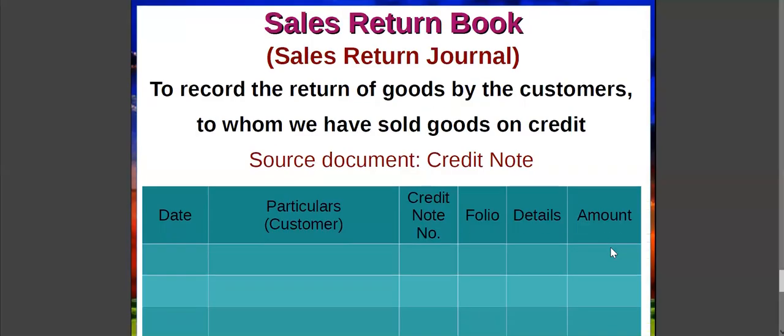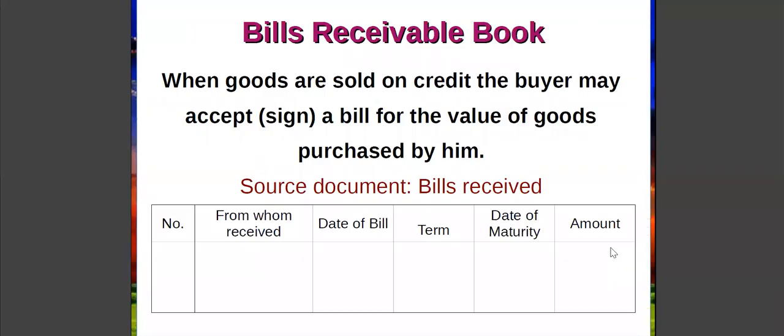Bills receivable book. When goods are sold on credit, the buyer may accept or sign a bill for the value of goods purchased by him.